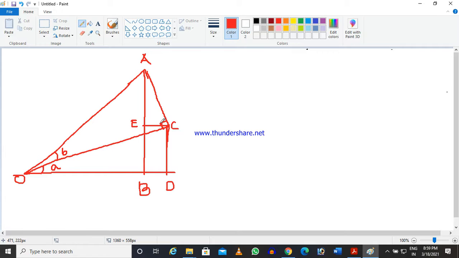This angle is 90 degrees, and I extend it, and it is joining here at point A. Then from point A I am making a perpendicular which is intersecting at B, and from point C I am making a perpendicular on AB which is intersecting AB at E. Okay, so now we have to find out the value of sine A plus B. This we will try to find out. So sine A plus B means this total angle.